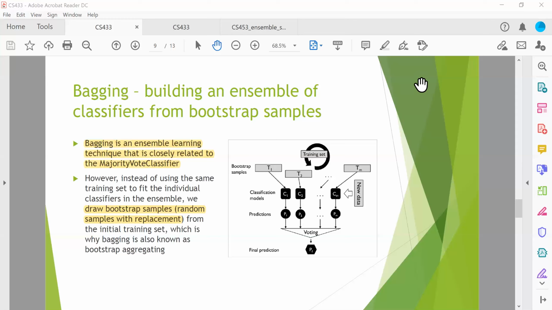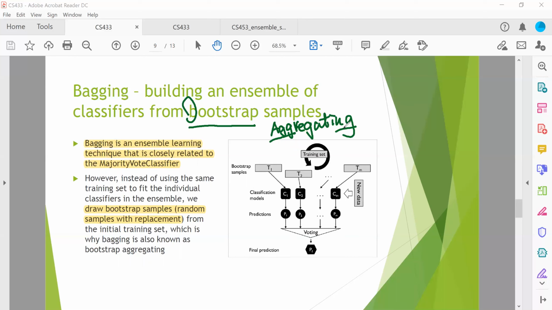Then let's see bagging. We already said it's bootstrap aggregating, that's why we call it bagging: B, AGG and ING.